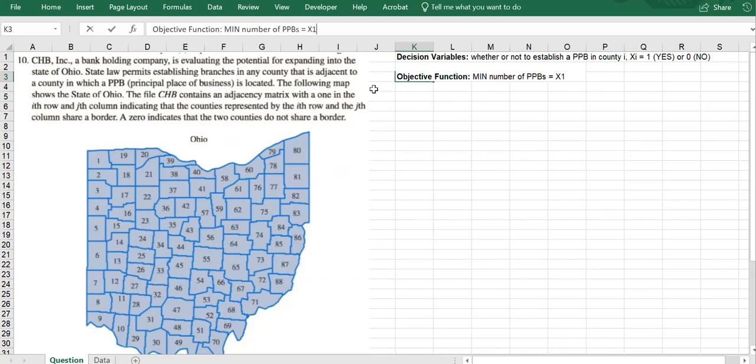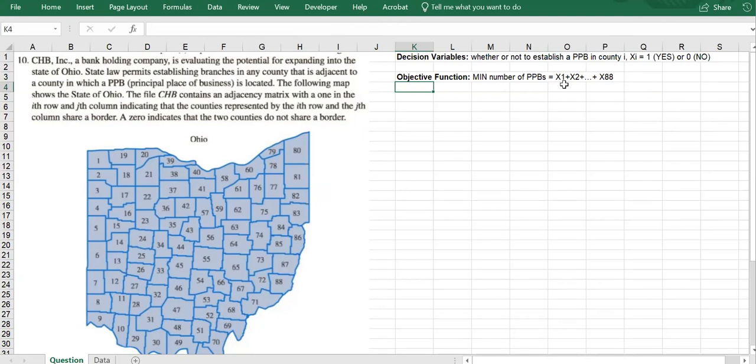So the sum of all these decision variables, x1 plus x2 all the way to x88, which is the number of counties in the state of Ohio, if all 88 decision variables take 1, meaning that you open a PPB in every single one of these counties, this sum will be 88, right?